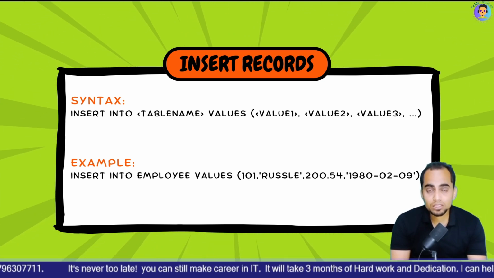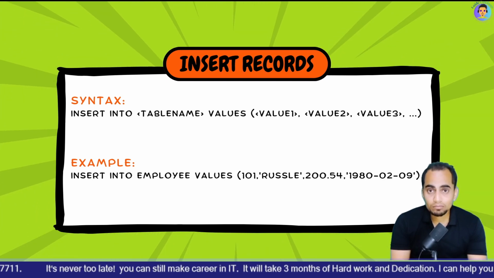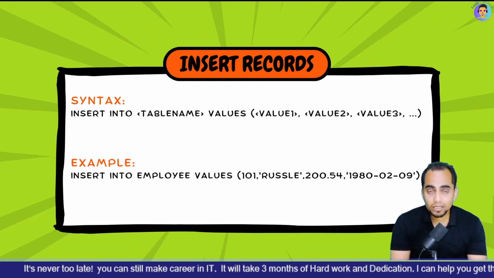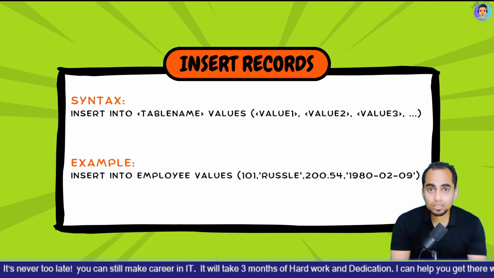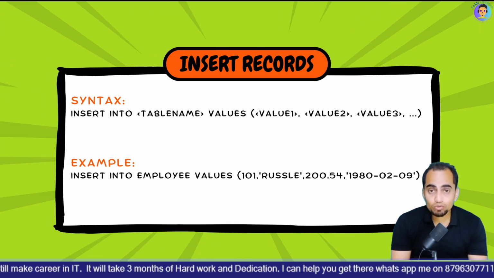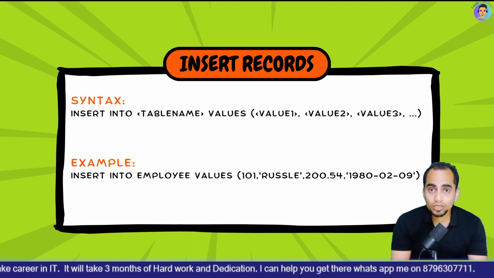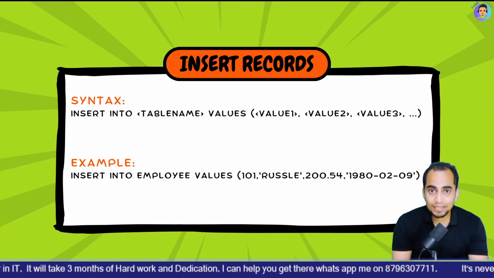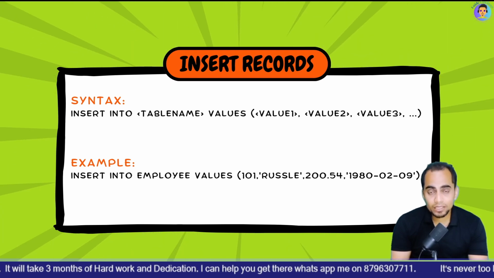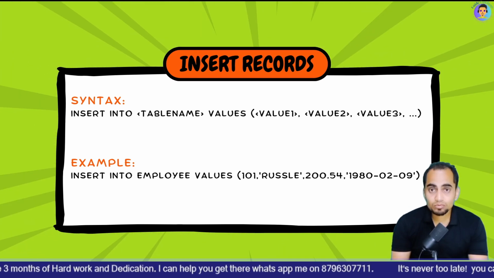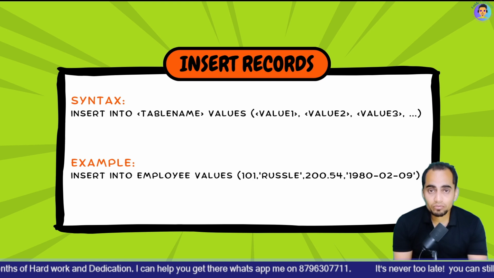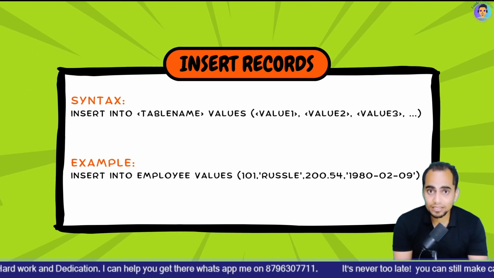Let's assume you have 3 columns and you are putting value 1, value 3 and value 2, or putting value 3 inside column 2, it will not assume that. If you are writing in the sequence of creation, that sequence used during the creation of a table is going to be followed while insertion is happening inside the table.